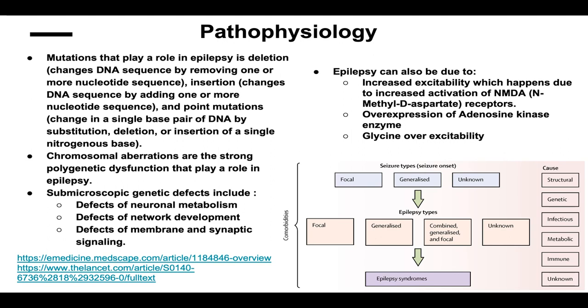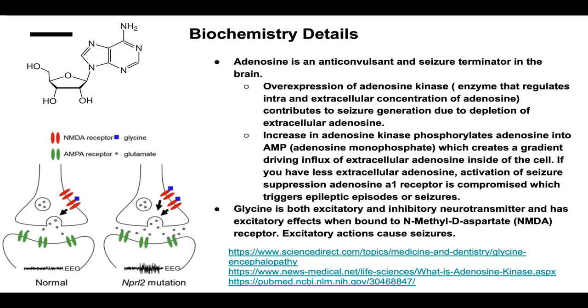And the causes are listed as structural, genetic, infectious, metabolic, immune, and unknown. I was focusing on genetic, infectious, which could also be environmental. And all the information can be found in the links I provided below.